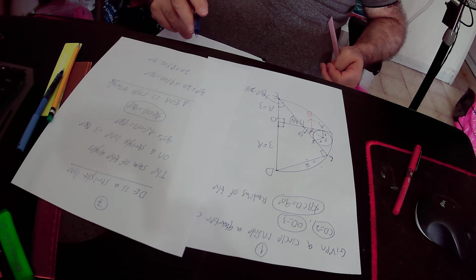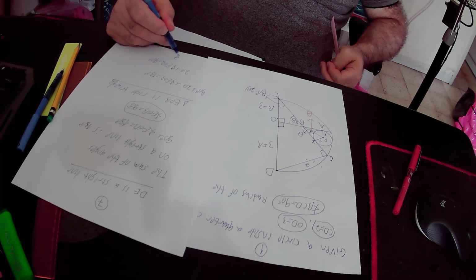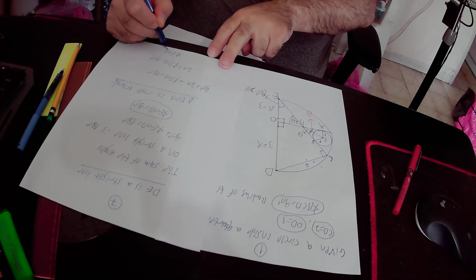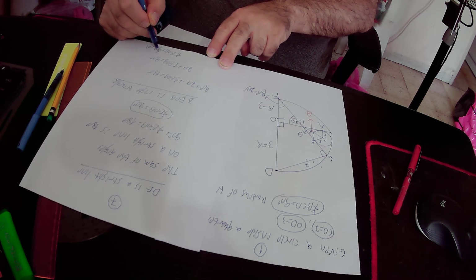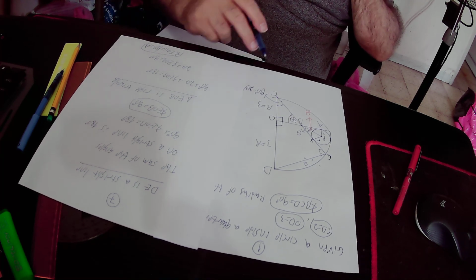And if we subtract 2 theta, we get that the angle equals 90 degrees minus 2 theta. We proved in two different ways that this angle is 90 degrees minus 2 theta.